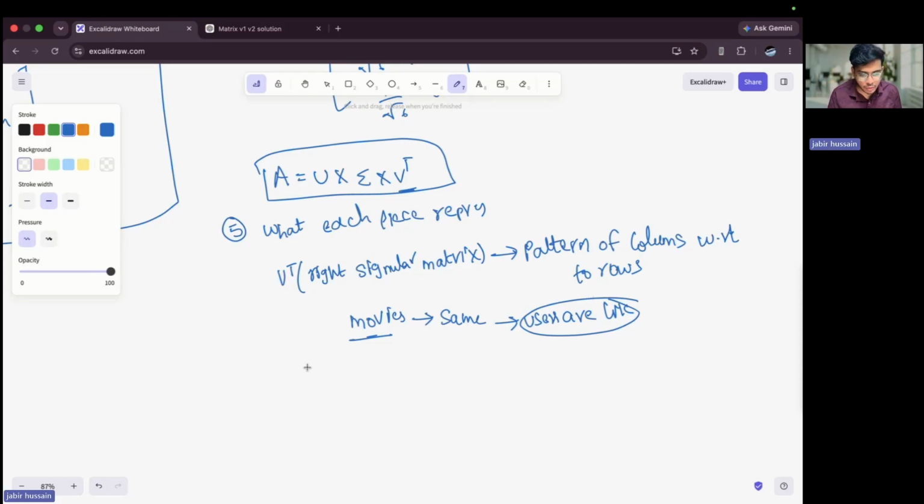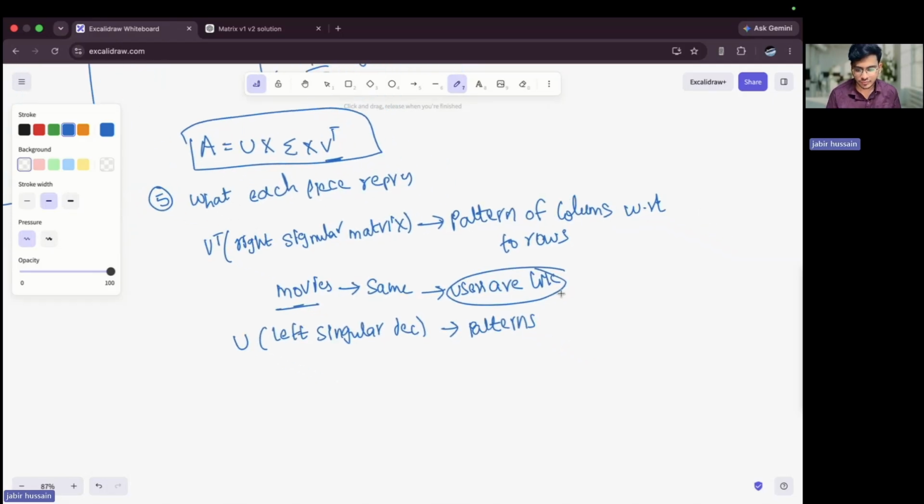Now U is the left singular decomposition, and it tells you the patterns of rows, like what are the categories of users who are liking one particular film. We talk about users now, with respect to columns.